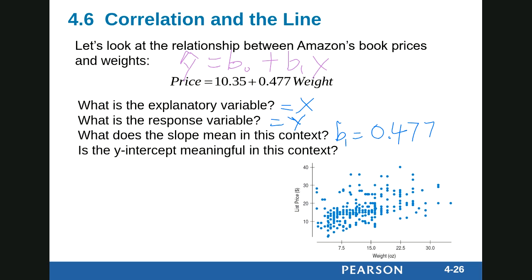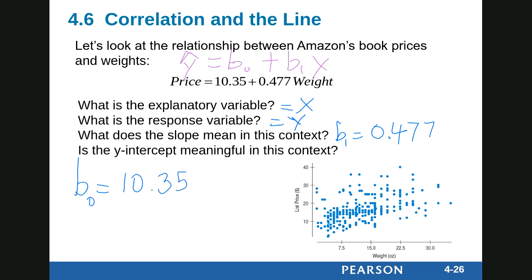Then moving on, is the y-intercept meaningful in this context? Okay, so first let's figure out the y-intercept, interpret it, and then answer whether or not it's meaningful. The y-intercept is our B0 value, which is equal to 10.35.